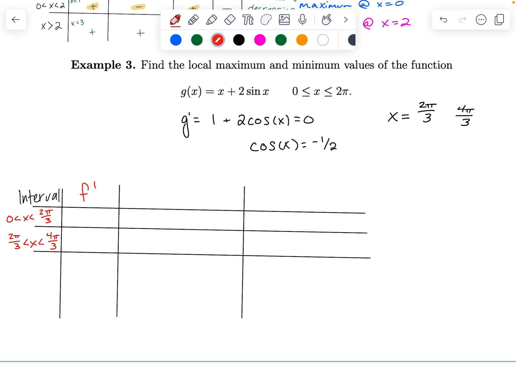I'm going to get a positive. If we say x equals pi over 2, I'm going to get a positive value, positive 3.6. So what's happening? F is increasing.